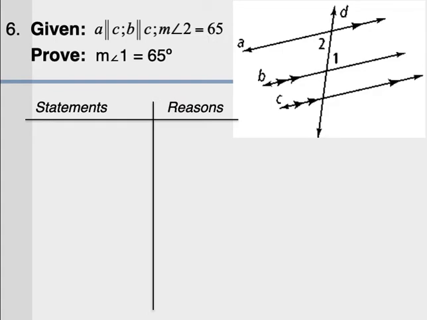Now we're going to try some proofs using today's new theorems. Go ahead and make your statements and reasons T-chart and fill in step 1. Now, to figure out step 2, think back to what you did at the beginning of today's notes.